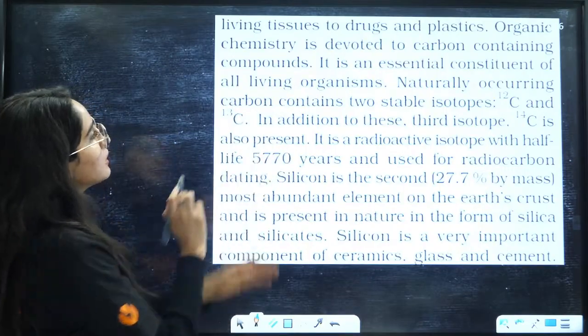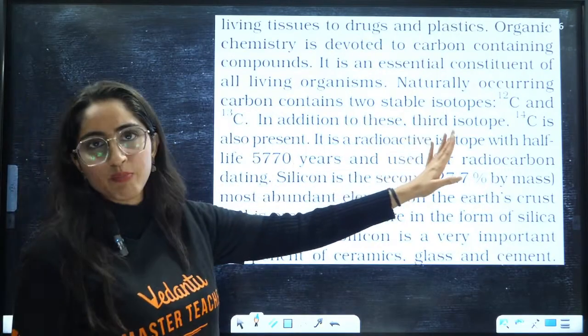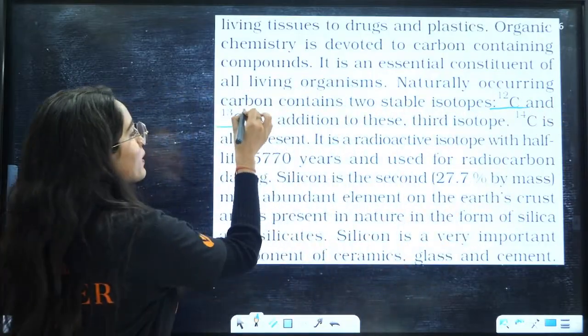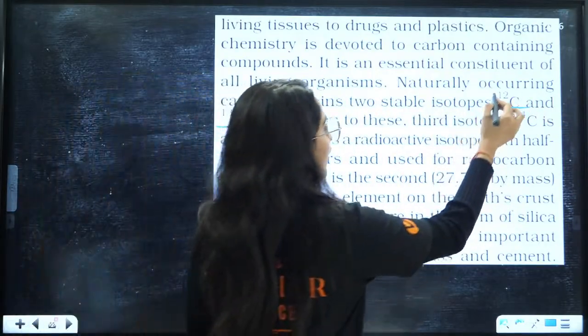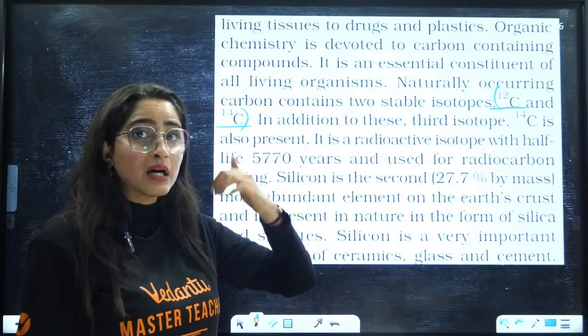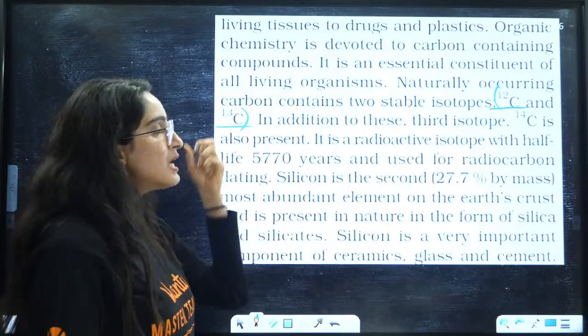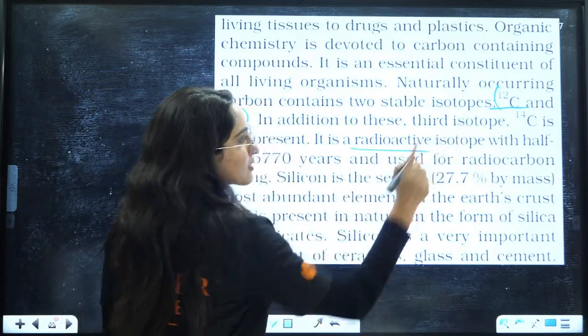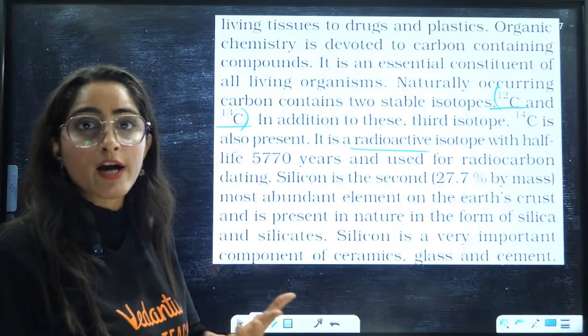Naturally occurring carbon is very important. It basically has two isotopic forms, carbon 12 and carbon 13. In addition to these, there is also a third isotope, carbon 14. It is a radioactive isotope.